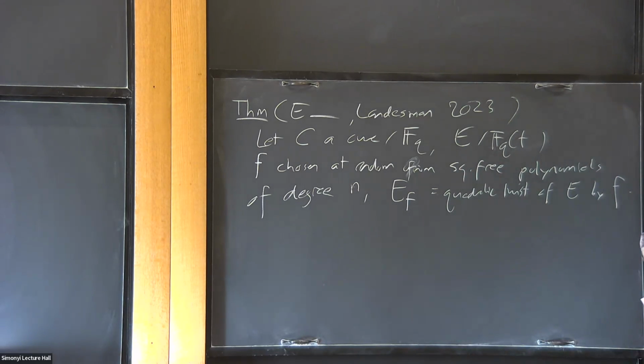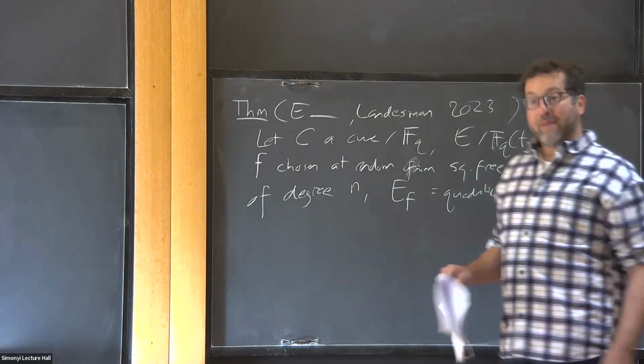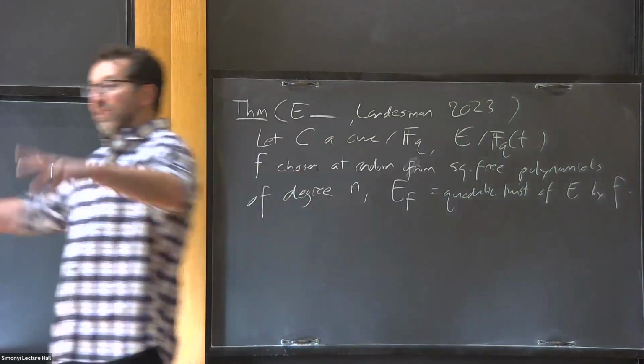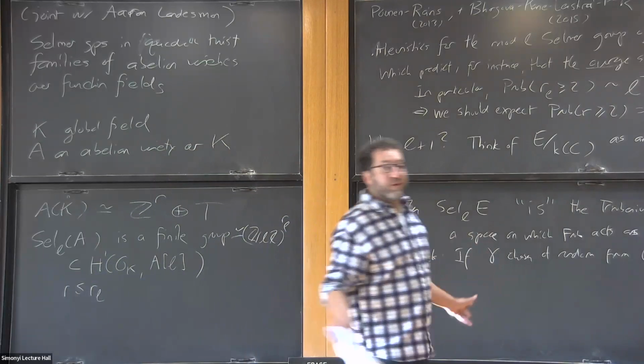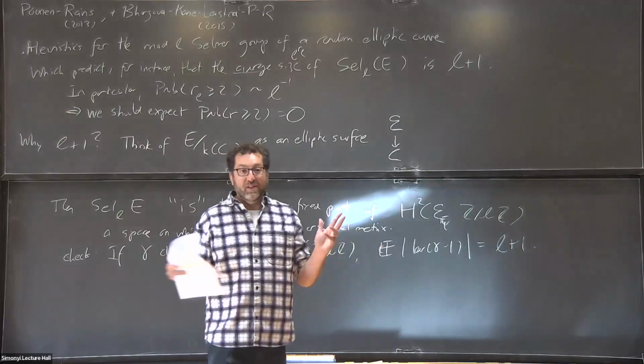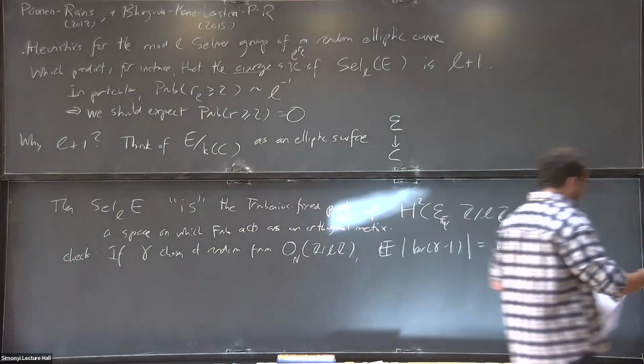Okay, so now I have an actual model for something I might mean by a random elliptic curve. And this is certainly not every elliptic curve. I've started with a particular one. I'm going to take some quadratic twists chosen at random from quadratic twists of very large degree. But this is certainly a way of making large height elliptic curves in large numbers.